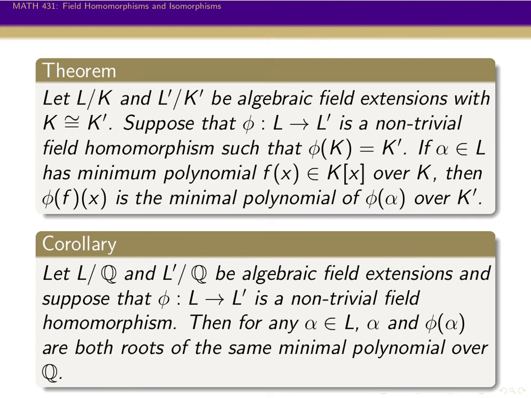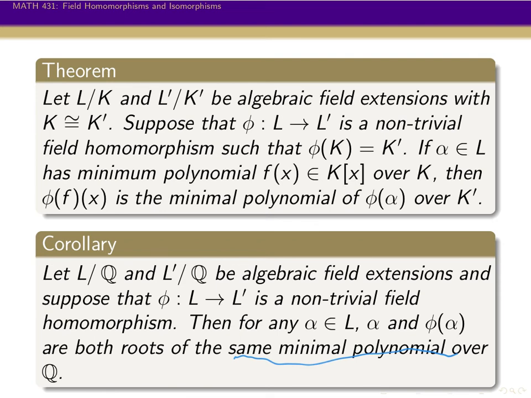So anytime you have any element that's algebraic over Q, and you have some homomorphism, then that element alpha is going to be sent to another root of the same minimal polynomial over Q. Okay, and we can say that it's the same minimal polynomial here, and this is a fact that is one of the homework problems: a homomorphism is not going to change where rational numbers are sent. The rational numbers are sent back to the same thing by any homomorphism.